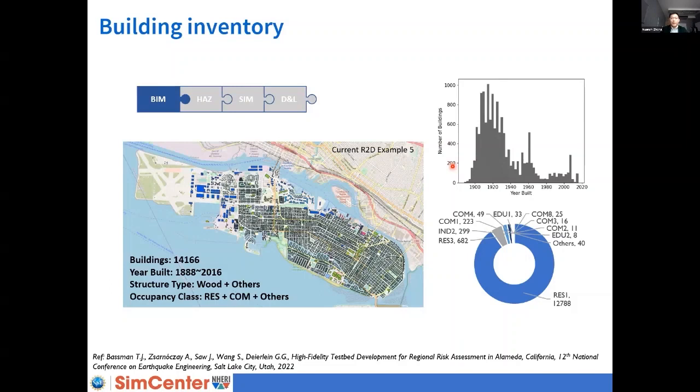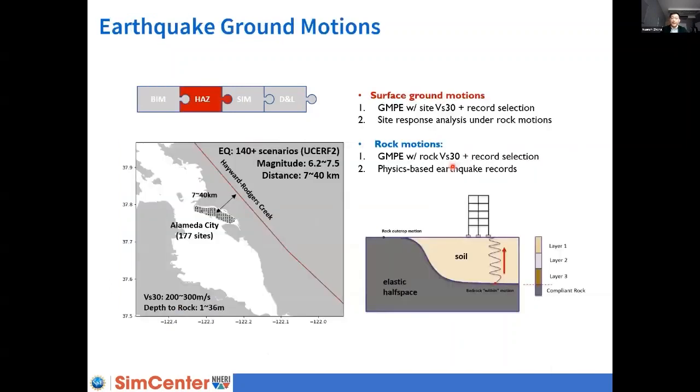Let's get down to the ground to see what hazard really dominates this Alameda site. For this example, which I will show later in the presentation, we identified 177 sites on the island itself. We first try to get the surface ground motion, and there are 2 ways. The first is a very empirical method based on the GMPE, where we plug in magnitude and distance from disaggregation, together with site-specific VS30 results, and do the ground motion selection.